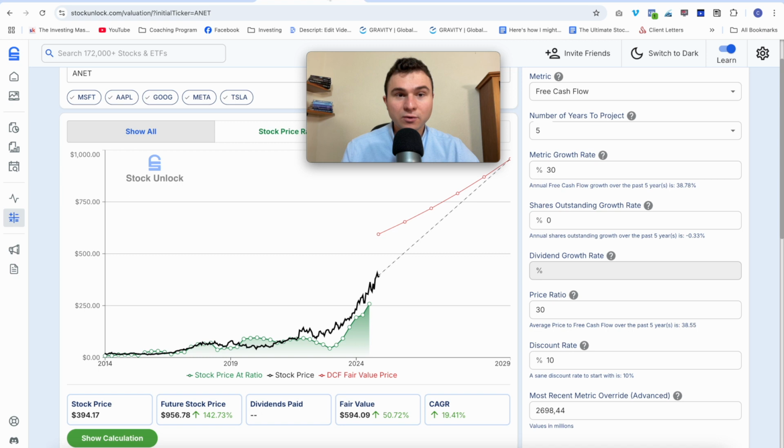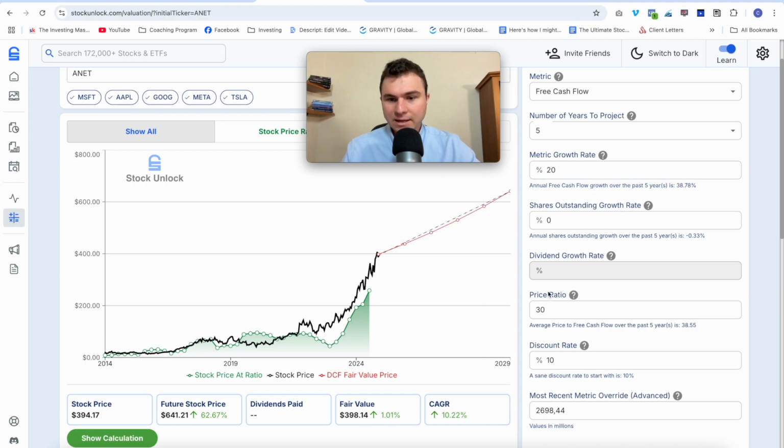So, for example, if I think the business will grow free cash flow 20%, and the price to free cash flow ratio is 30. Fair value. Let's say I'm not comfortable buying at a fair value. I want a lower price. Let's say I want a margin of safety of 30%, or even 25%.